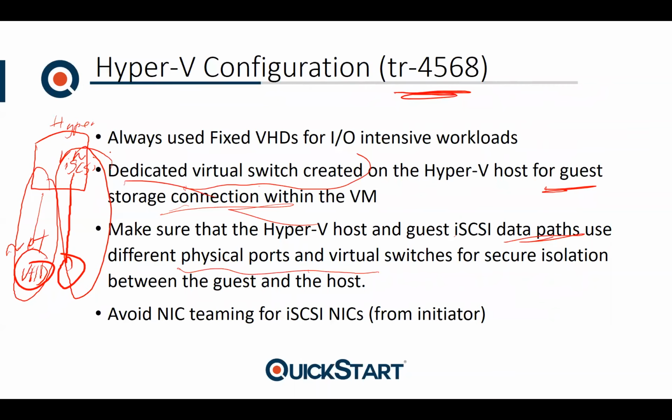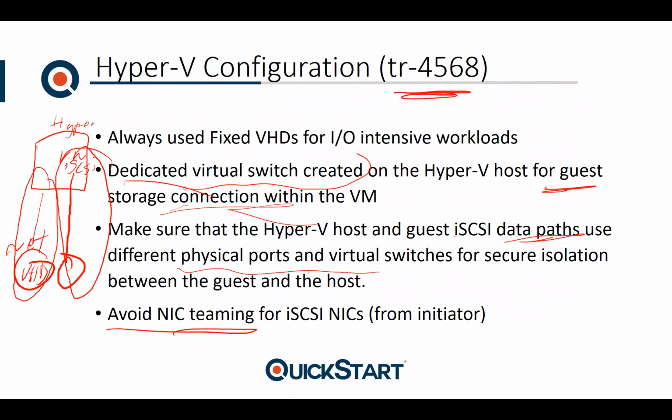And then the last little bit on this slide says avoid NIC teaming. NIC teaming is basically where I'm trying to maybe load balance or get a little more throughput from a couple of physical NICs on my initiator. The problem is they don't adjust well when we do LIF failover. So NetApp really does recommend just avoid NIC teaming as far as configuring that over on the Windows server.